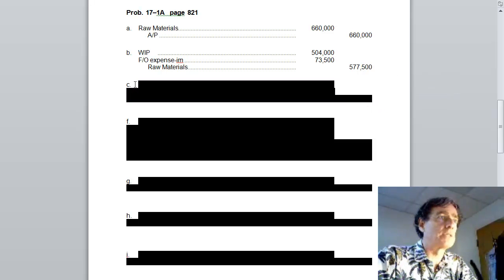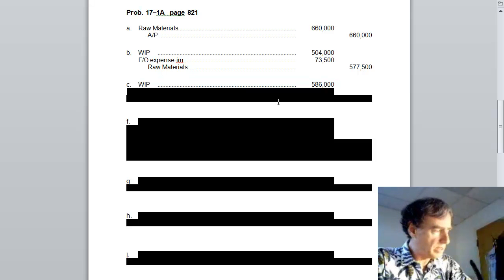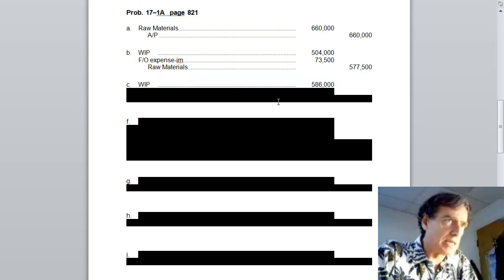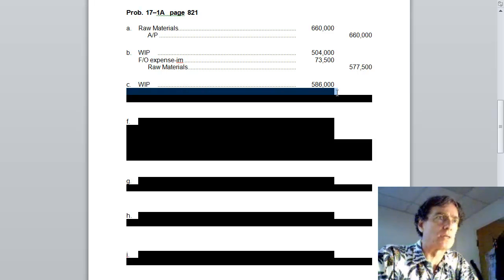So first debit, let's go with WIP again, will be 681.5 minus 95.5, or 586. You're backing in by taking the total labor all together and subtracting out the indirect piece to get the direct piece, which gets added to WIP as an inventoriable cost.